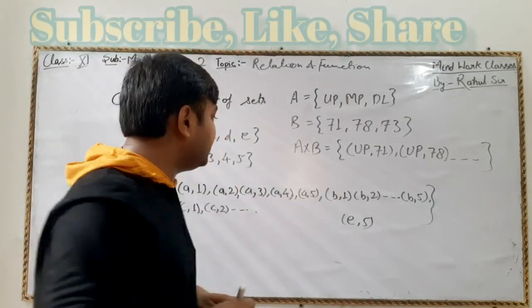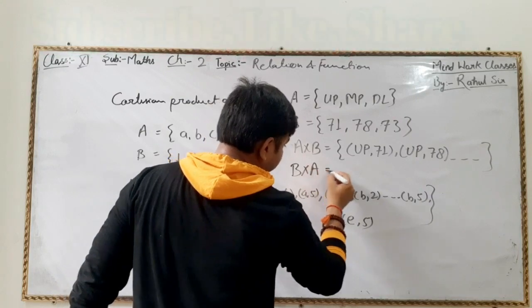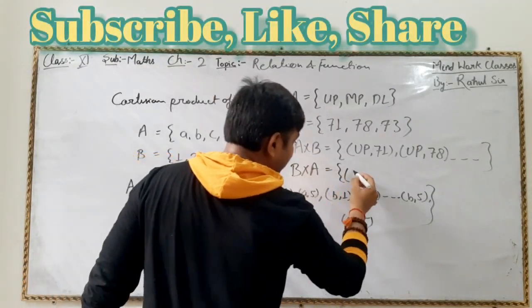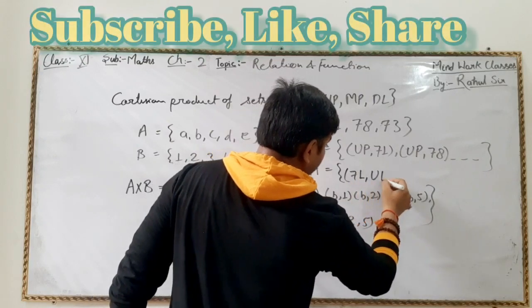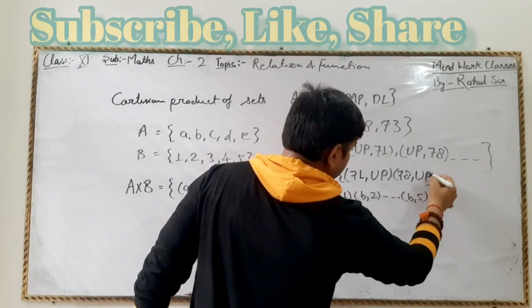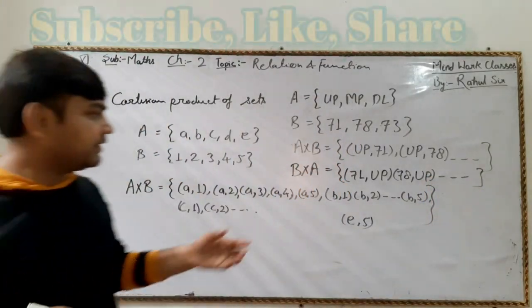Now consider B into A. What will we get? 71 comma UP, 78 comma UP, like this.